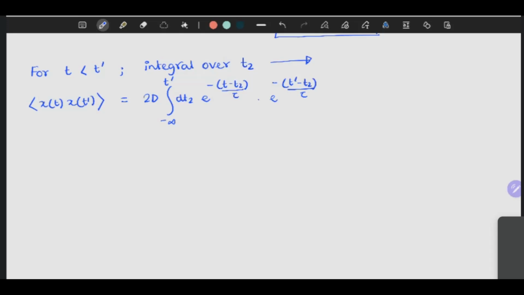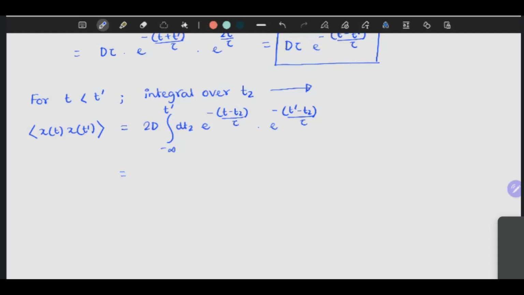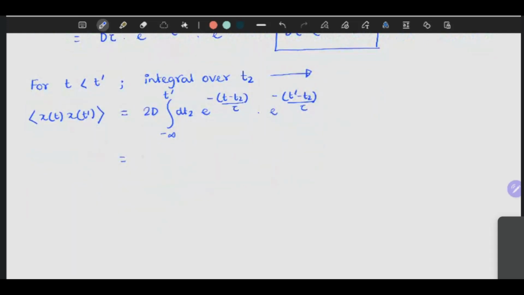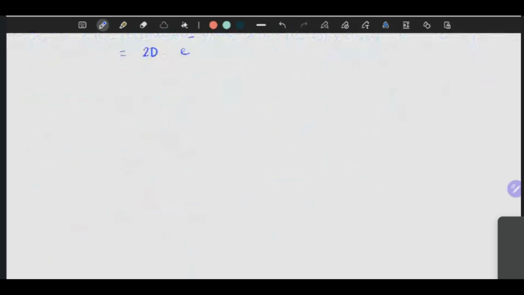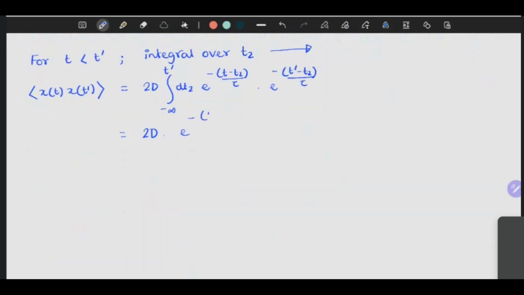Okay, so now similar way we will take this out, 2D times e to the power minus (t plus t prime)/tau. But here this will be t, this will not be t prime, this will be t.